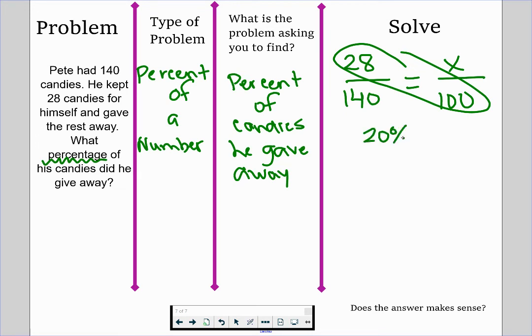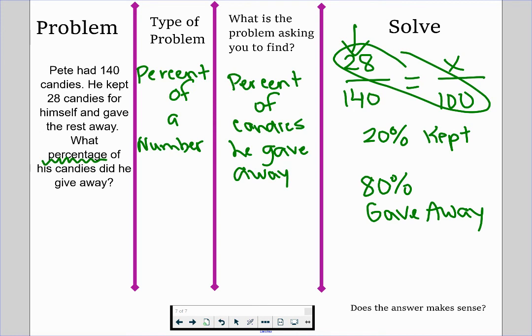But this 20% is the amount that he kept, because 28 is how many candies he kept. We're looking for how many he gave away. So if he kept 20%, that means he gave away 80%.